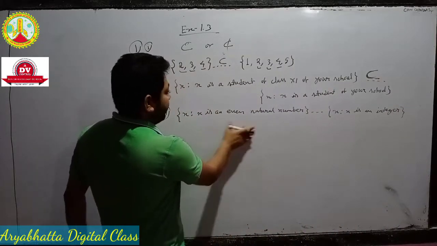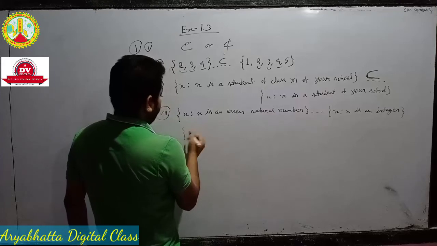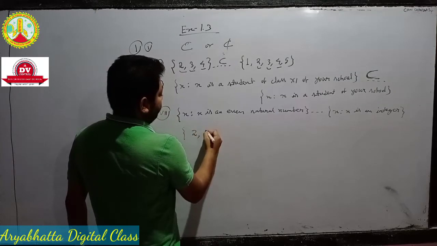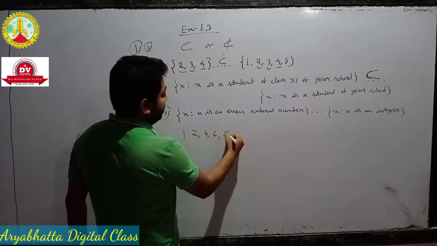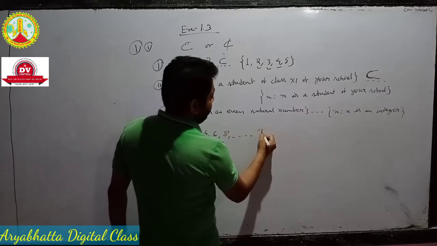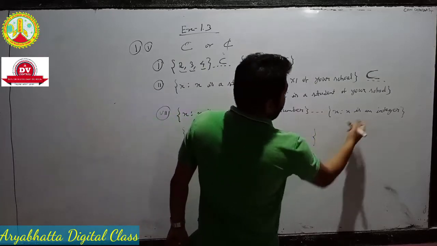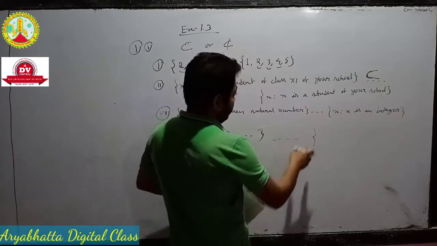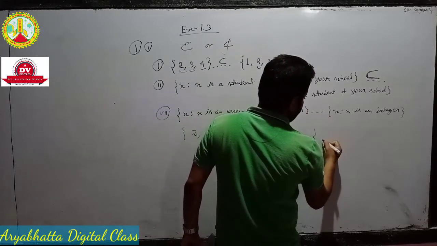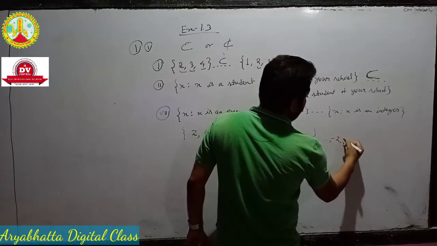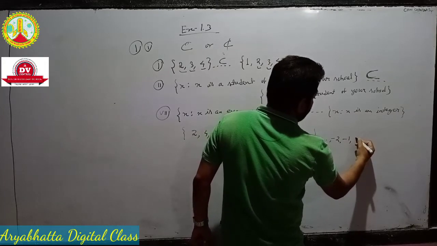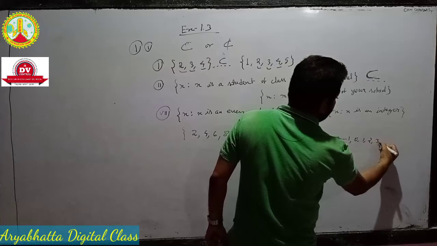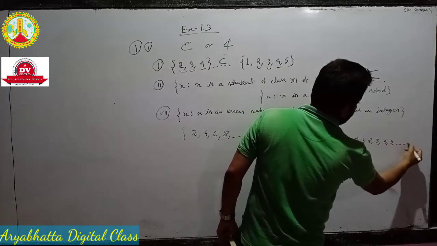We know that the even natural numbers are 2, 4, 6, 8. For the integers, the elements are -2, -1, 0, 1, 2, 3, 4, 5.